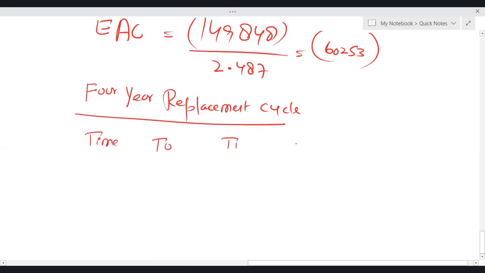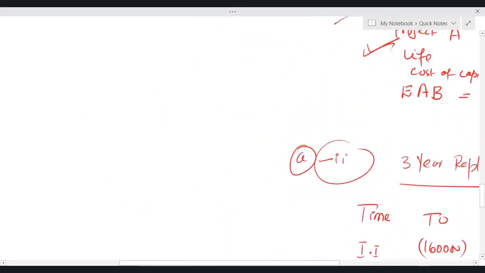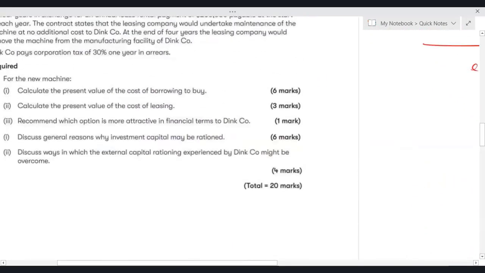T0, T1, T2, T3, T4. Initial investment is 1,60,000. Something relating to maintenance is mentioned in the question when we go for 4 years.